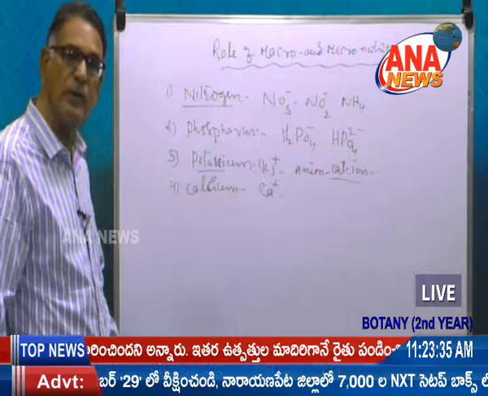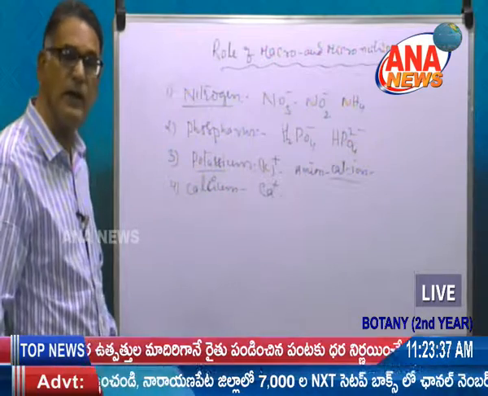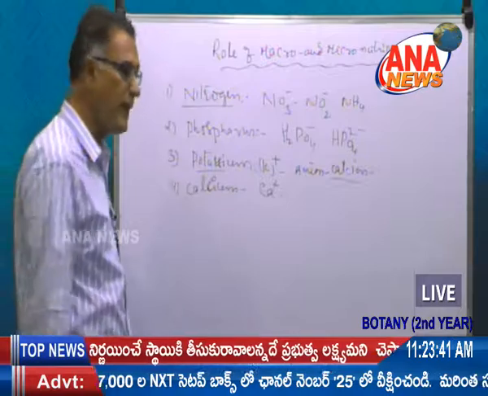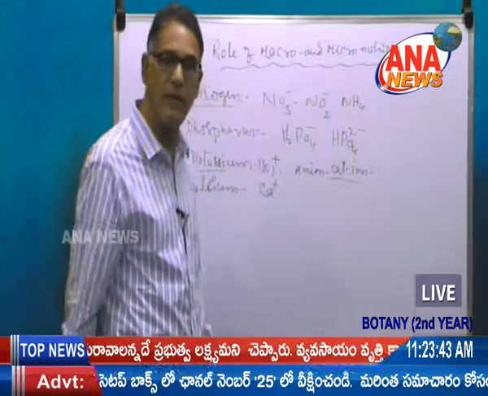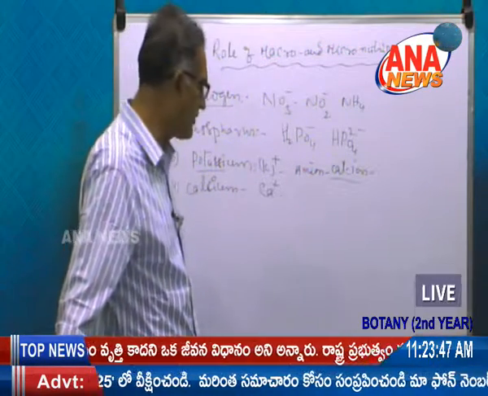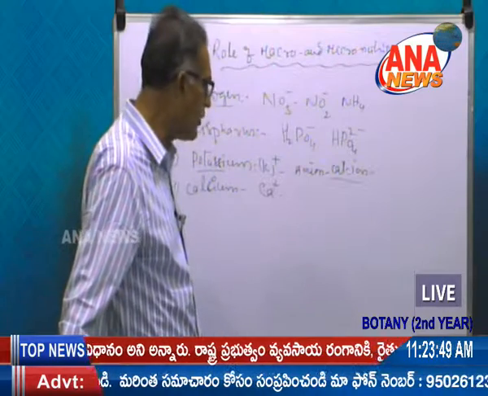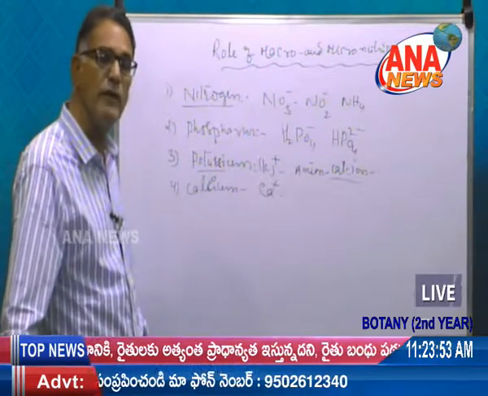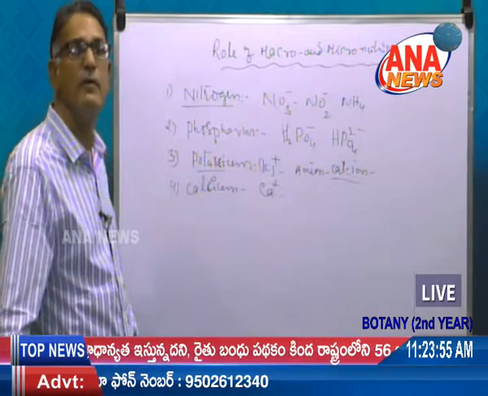A large amount of calcium accumulates in the old leaves. It is involved in maintaining the permeability of the cell, and also in the catalysis of water splitting in photosynthesis.